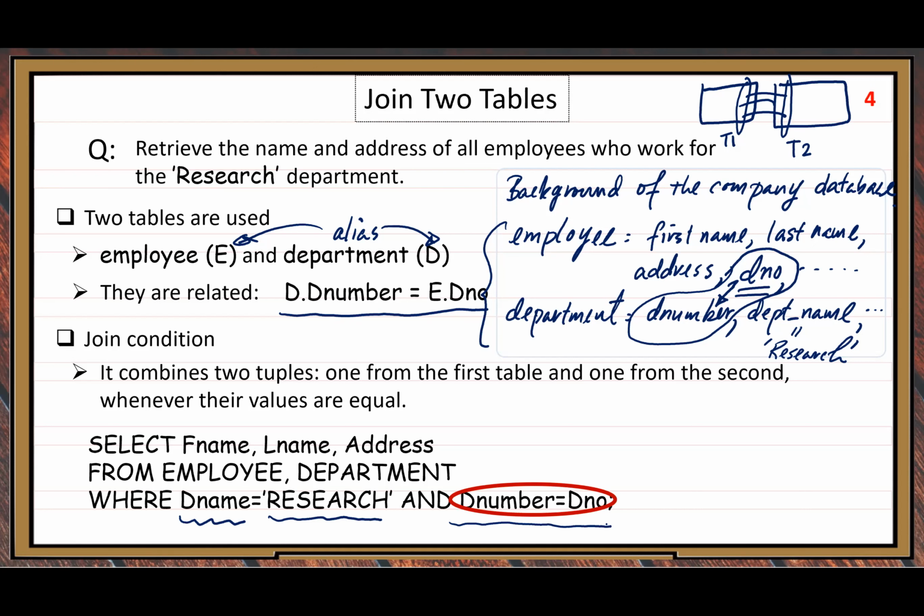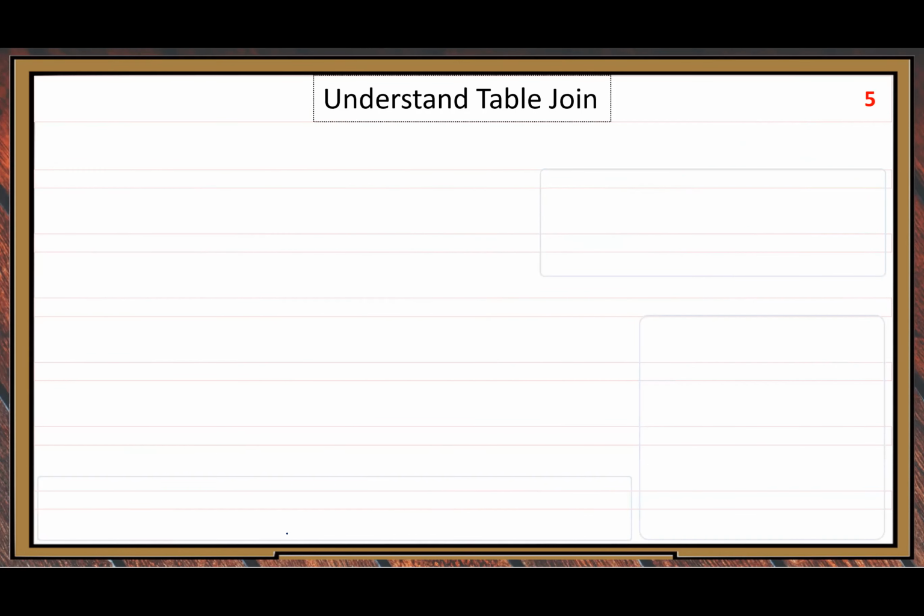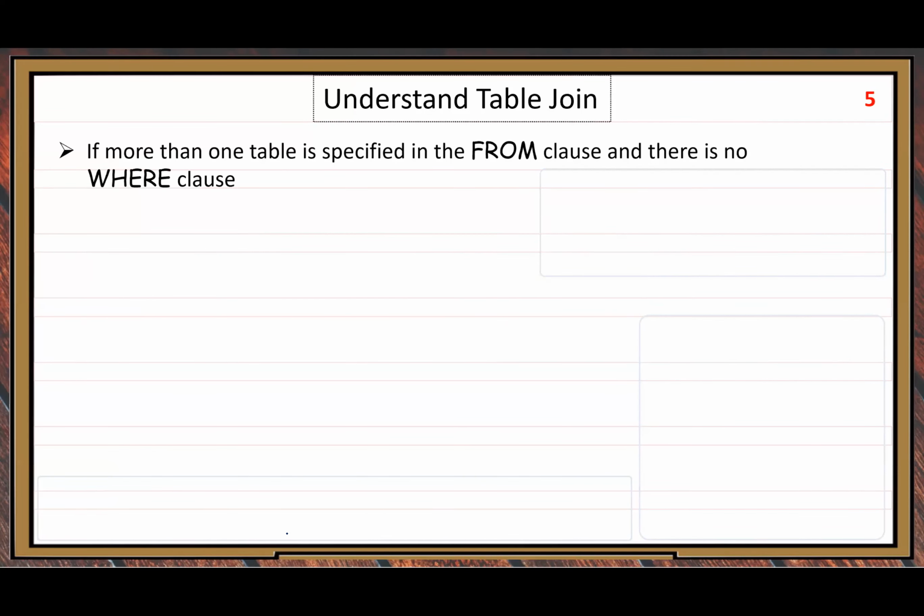This we call the join condition. This one I call the select condition. Select condition, join condition. I will explain these two conditions in more detail. To understand table join: if more than one table is specified in the from clause, and there is no where clause.